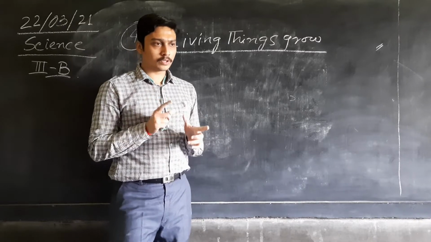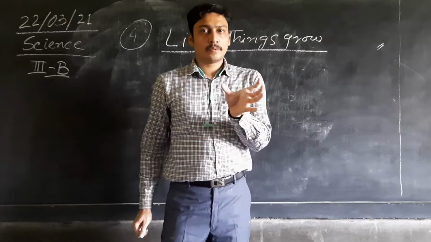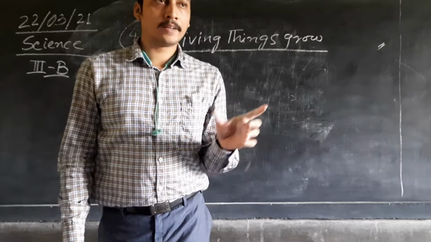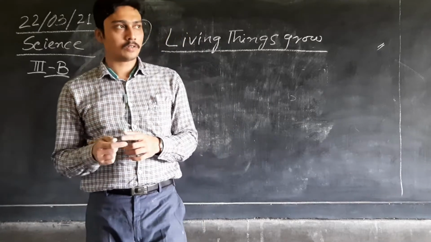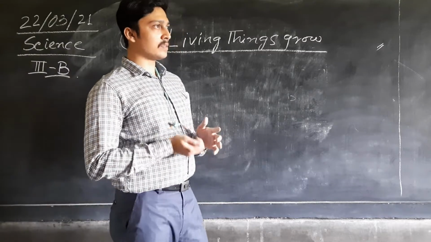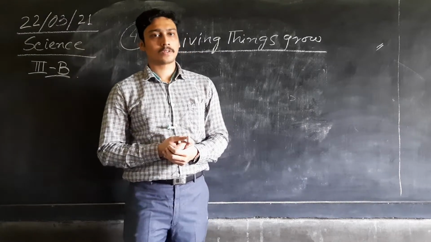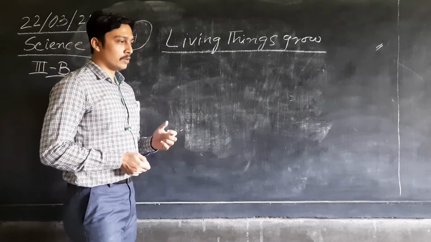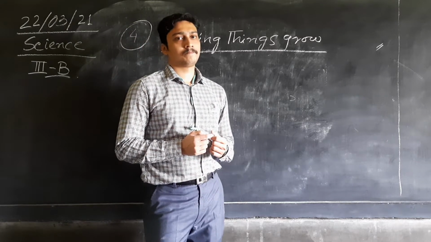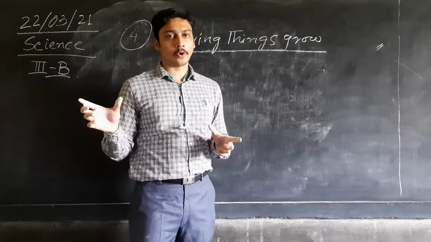If you see in your book, there is a picture of a small kid of a dog that is called a puppy and a mature dog or a big dog. Can you tell me what is the difference between the two pictures? Do they look the same size? No. There is a small puppy and there is a big dog.